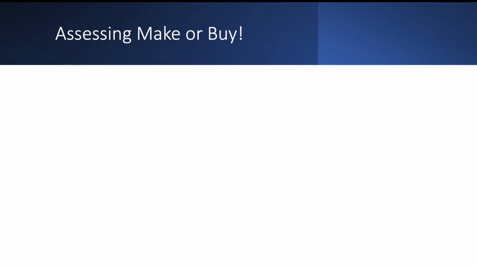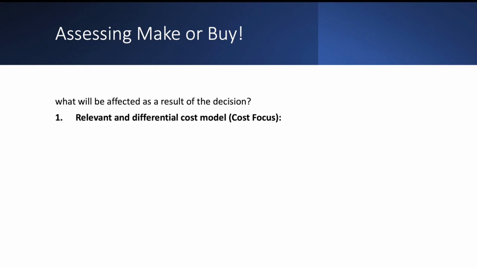Now, assessing the make or buy decision. Whether we have to make or buy, that is the decision we are assessing. What will be affected as a result of the decision? This is what we call the relevant and differential cost model. What is relevant? If we pursue that activity, that cost will happen.